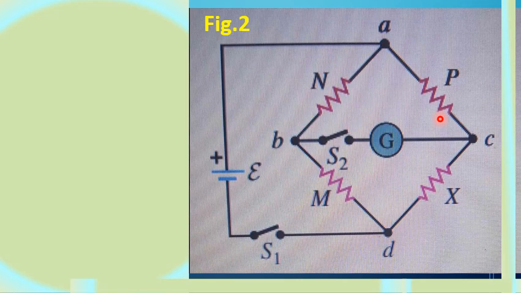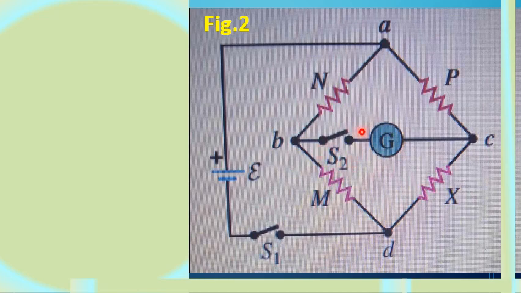So, a galvanometer, which is a device that can measure small amounts of current, is connected between points B and C, and it is controlled by a switch S2.